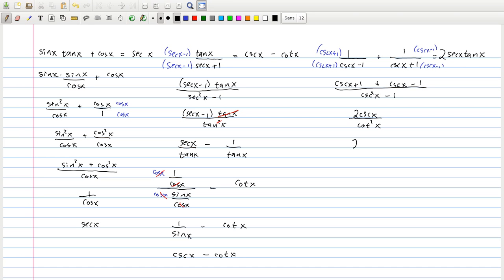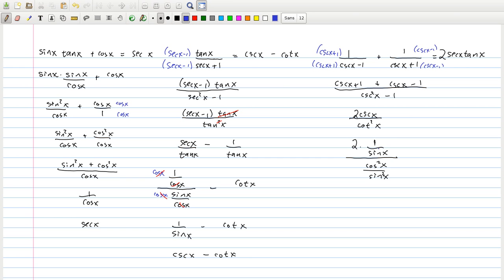So we can write this as 2 times cosecant x is 1 over sine x, and cotangent is cosine x over sine x. But this was cotangent squared, which means this cosine is squared and the sine is squared.